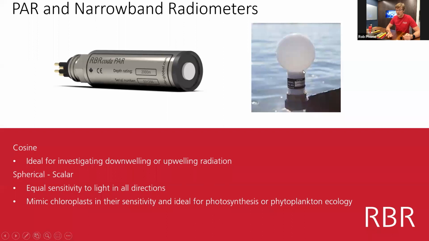This is an example of a Licor sensor, and this is equally sensitive to light in all directions. This is to mimic a cellular organism, and it's ideal for measuring light that's available for photosynthetic organisms.